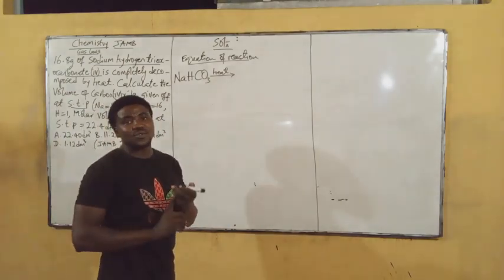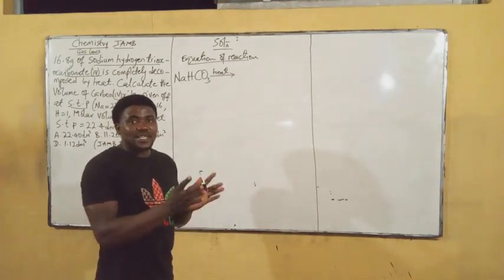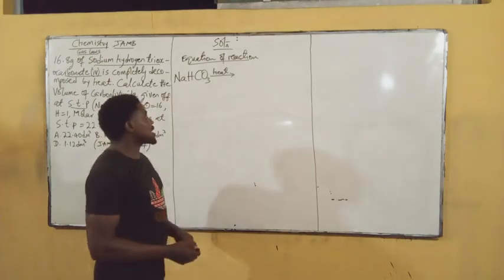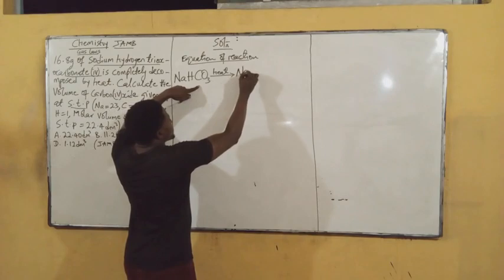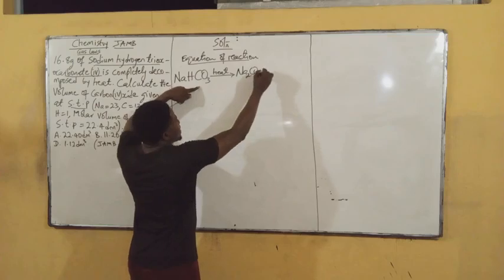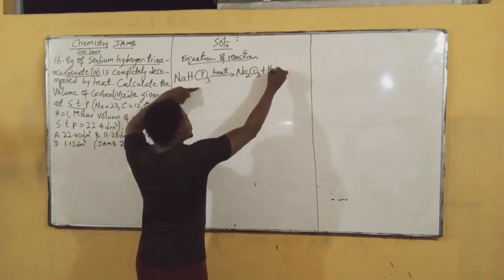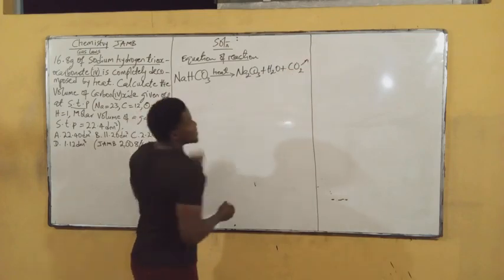It decomposes into sodium trioxocarbonate(IV), that's sodium carbonate, water, with the evolution of carbon(IV) oxide. So the products will be sodium carbonate, Na2CO3, plus water, H2O, plus CO2, which is given off as a gas.